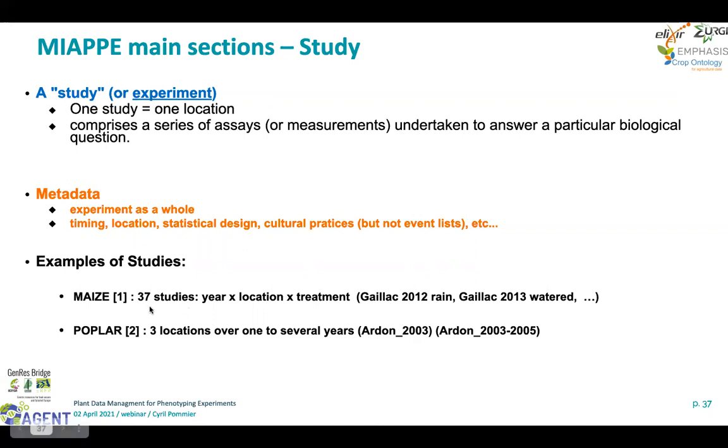Examples of studies for maize dataset, we've got 37 studies, which are a combination of year, location, treatment. For instance, Gaillac, which is a location, 2012, rain. Gaillac 2013, water. For the poplar, you've got 3 locations over 1 to several years. Ardon 2003, Ardon 2003 to 2005, because you can have measures spanning over several years.